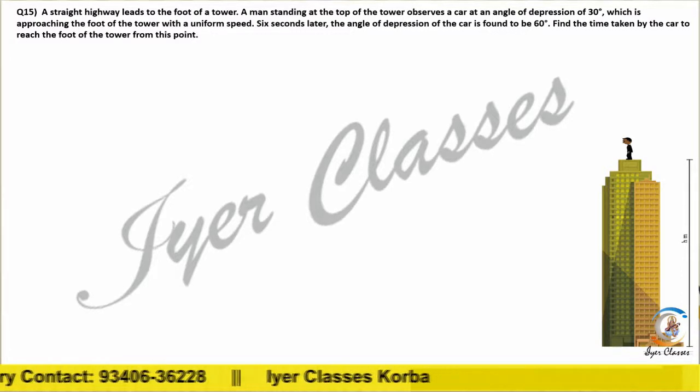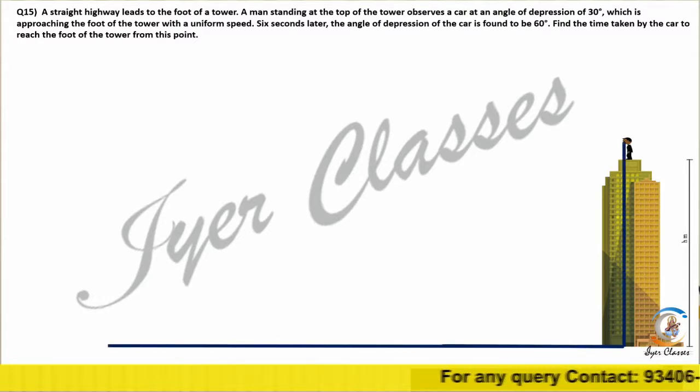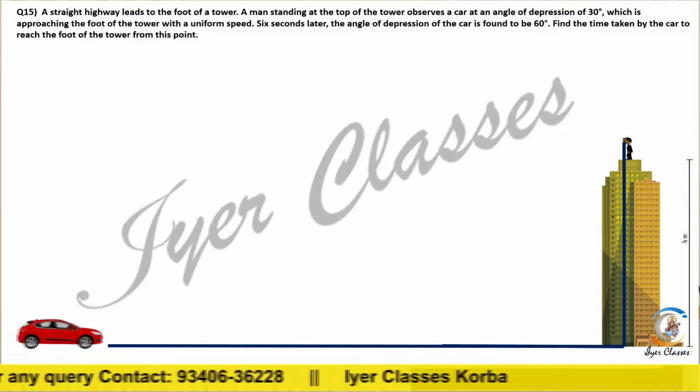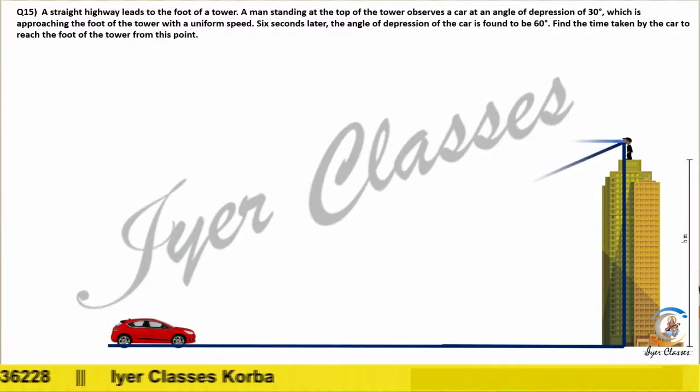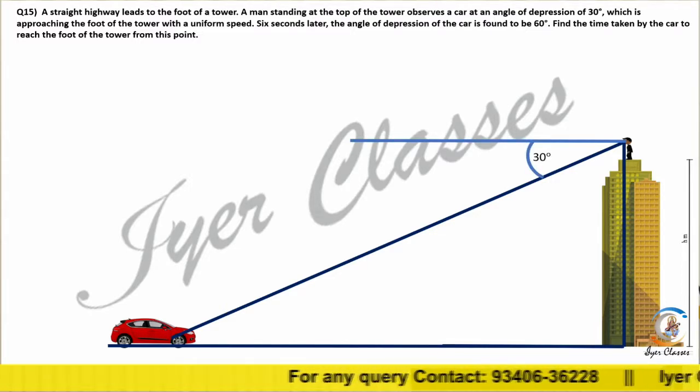Let us do the animation and see. You have got a tower. A man is standing on the top of it. He sees a car, right? The angle of depression of this car he sees is at 30 degrees, right?